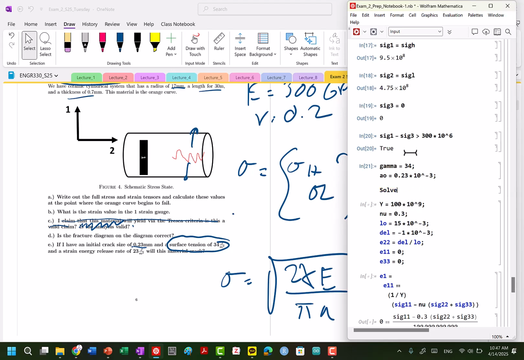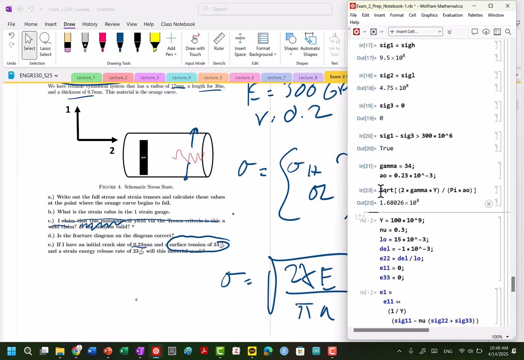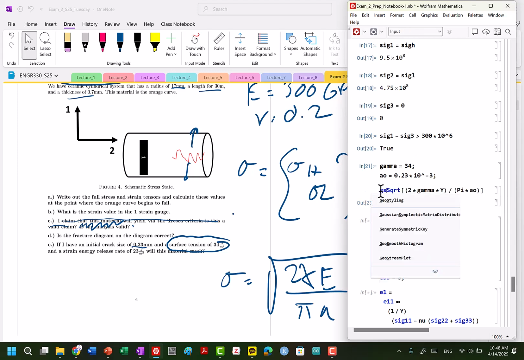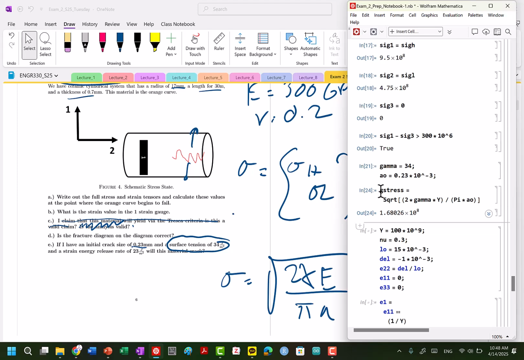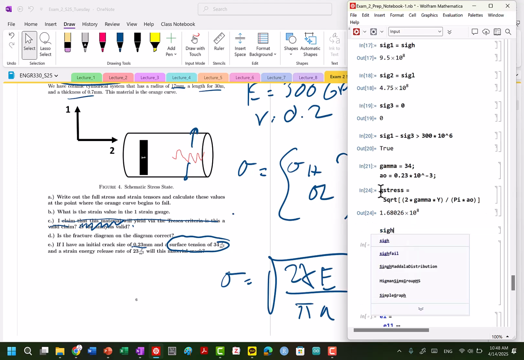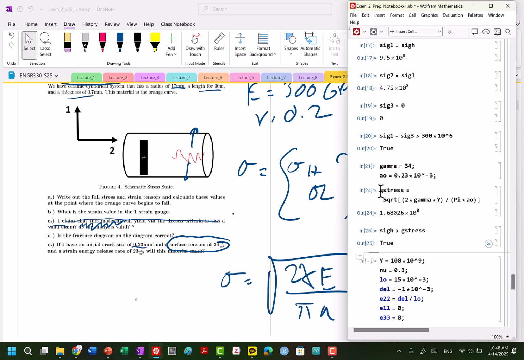So actually we're just going to do, let's go ahead and say square root of 2 times gamma times y divided by pi times a naught. So that stress is G stress, Griffith stress. So is our sig h greater than G stress? It is, so we are definitely going to fracture.